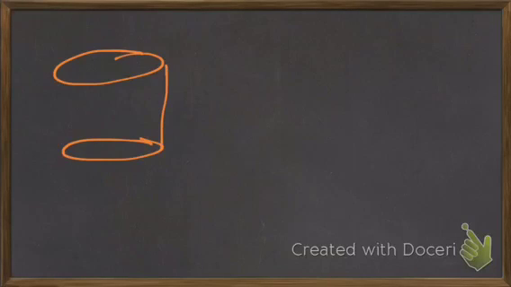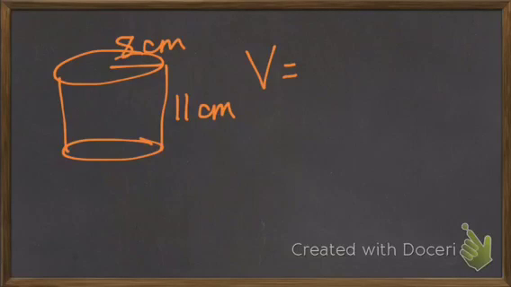In this next example, we have a cylinder with a radius of 8 centimeters and a height of 11 centimeters. Let's find the volume. Our formula is like our recipe card. We've got to get that out.